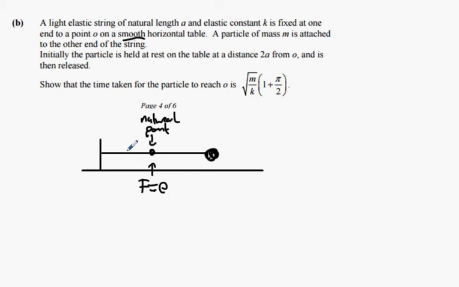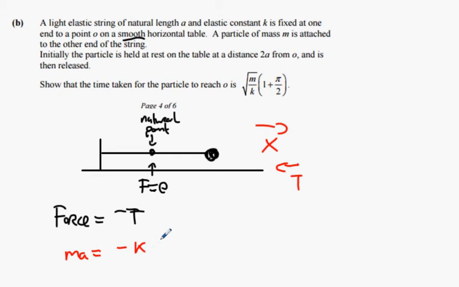Okay? So force is entirely due to tension. Force equals minus T. Why did I say minus tension? Because the displacement is to the right, and the tension is dragging it back to the left. They're in opposite directions to each other. So force equals ma, and ma equals minus k times extension. Would you agree with that? Extension is its current distance minus its natural length.